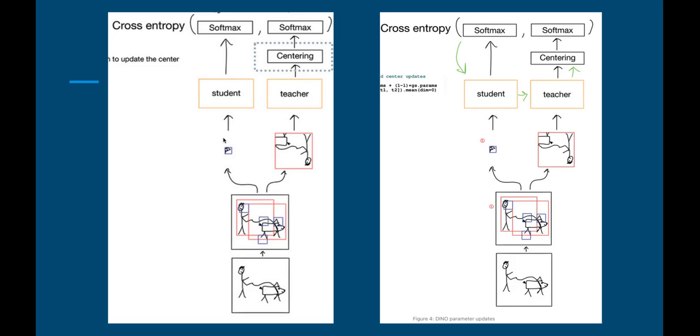The student learns through backpropagation, cross entropy between the softmax distributions, and the teacher basically evolves and learns by averaging the student's progress in weight updates. I'm still kind of muddy about this, but hopefully that kind of makes sense.